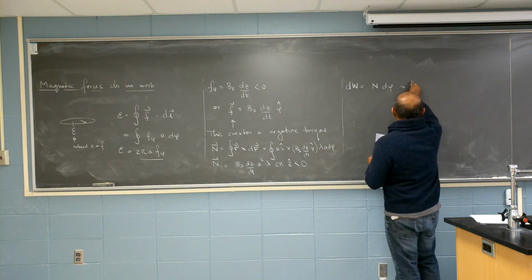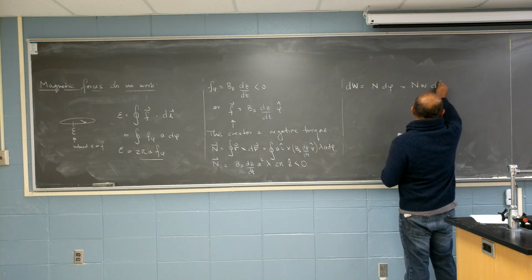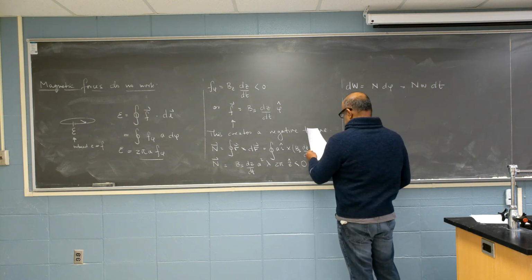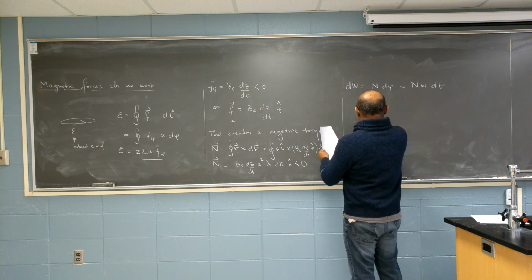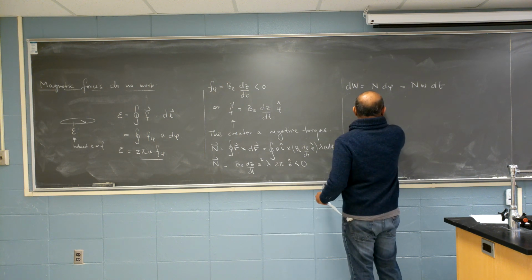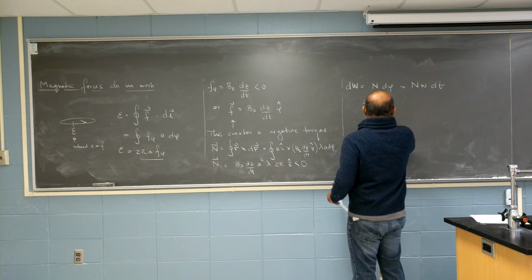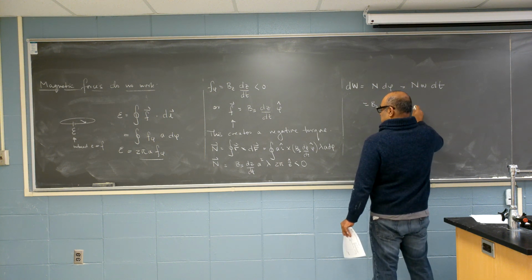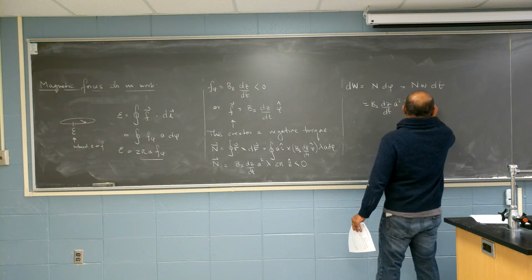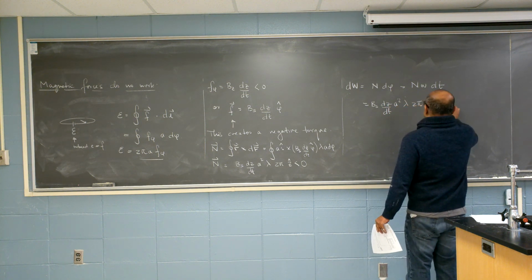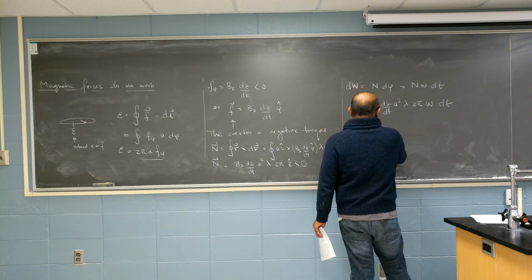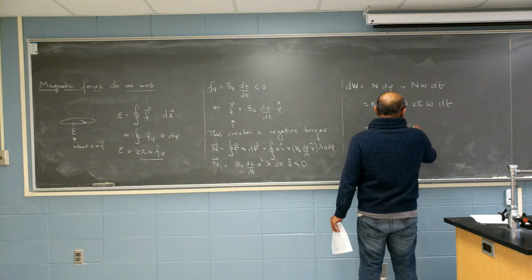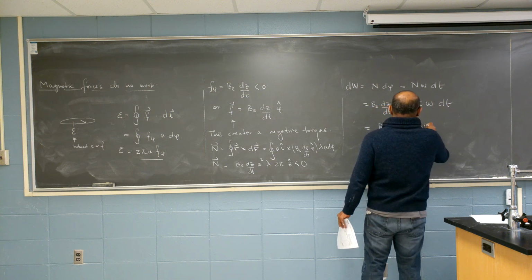So that can be written as N times omega times dt. We have the expression for N. It's right here: Bs dz/dt a squared lambda 2 pi, then omega from here, and then dt. The dt's cancel, and I get a squared lambda 2 pi omega.